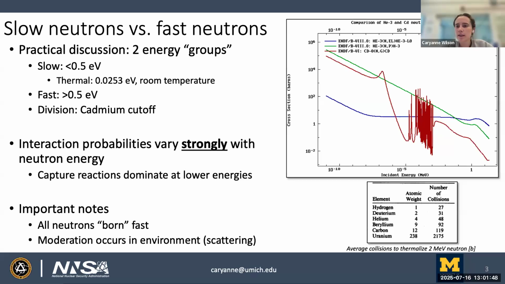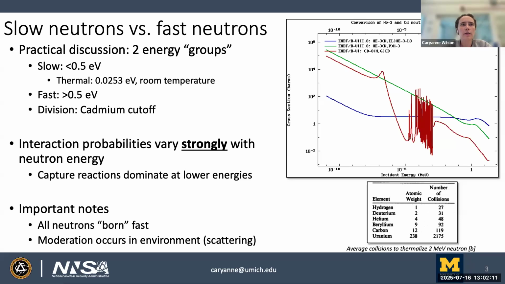For the sake of this lecture and how we detect neutrons, we're going to group them into two energy groups, but there's obviously a huge range of neutron energies, and you can get more and more specific with the classification. When we talk about slow neutrons, we're talking about less than 0.5 electron volts.